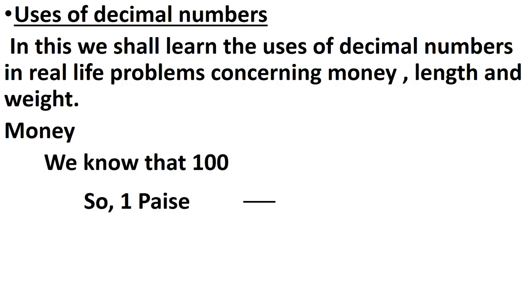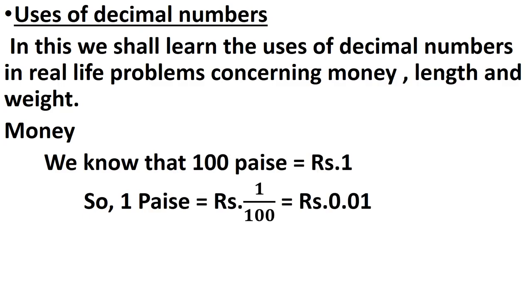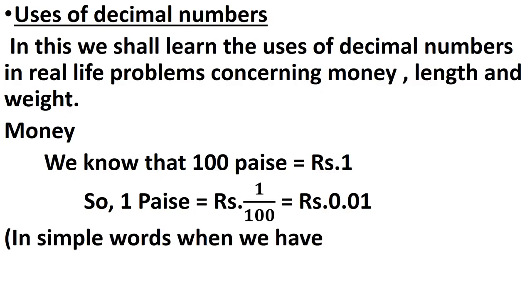We know that 100 paise equal rupee 1. So 1 paise equals rupee 1 upon 100. Now 2 zeros are here in the denominator, so the decimal will come before 2 digits. So whenever we have to convert paise into rupees, we will divide by 100.